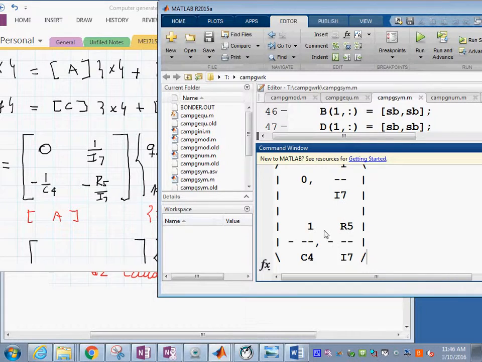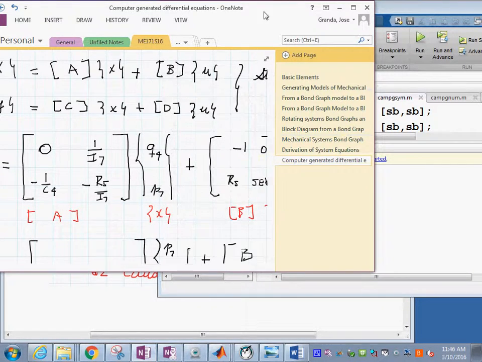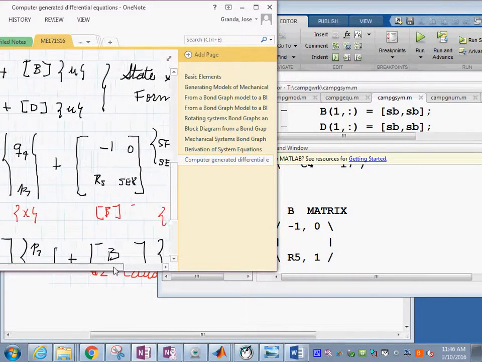But the idea that I want you to see is that you have the computer generated form of these equations in the matrix form.